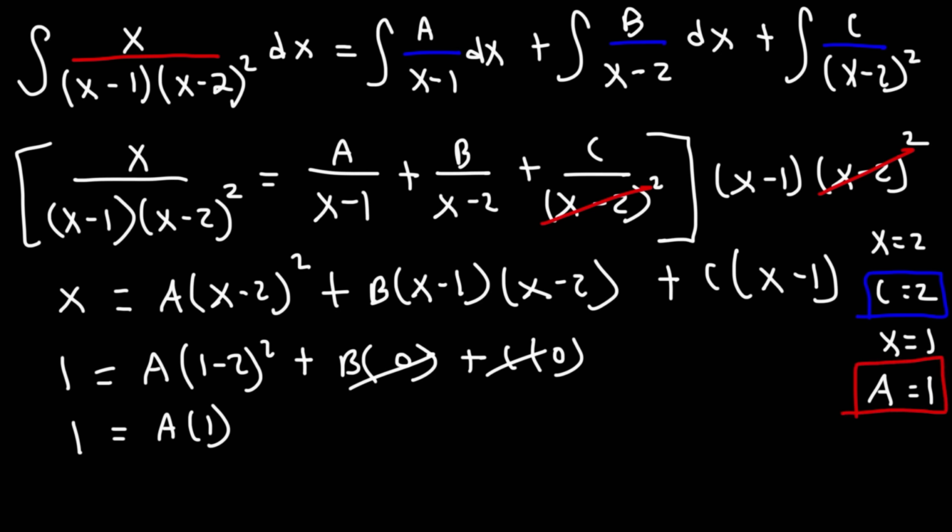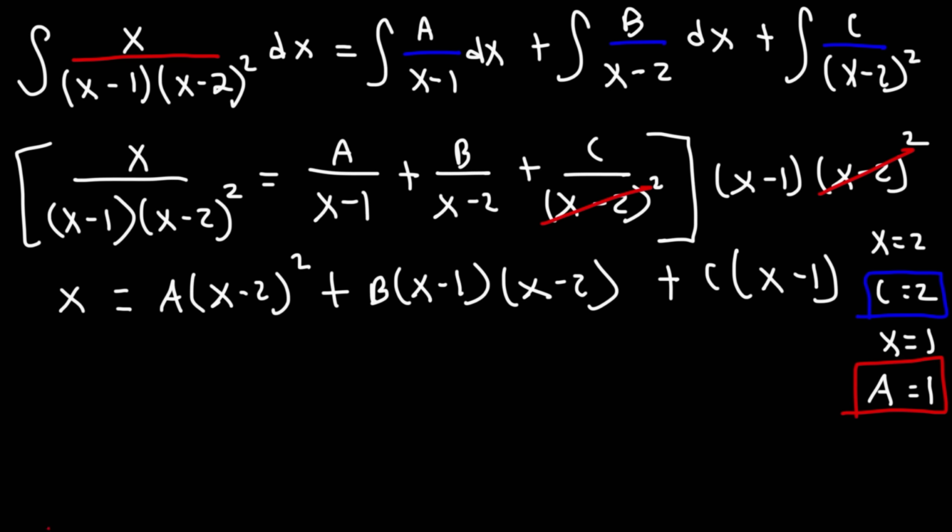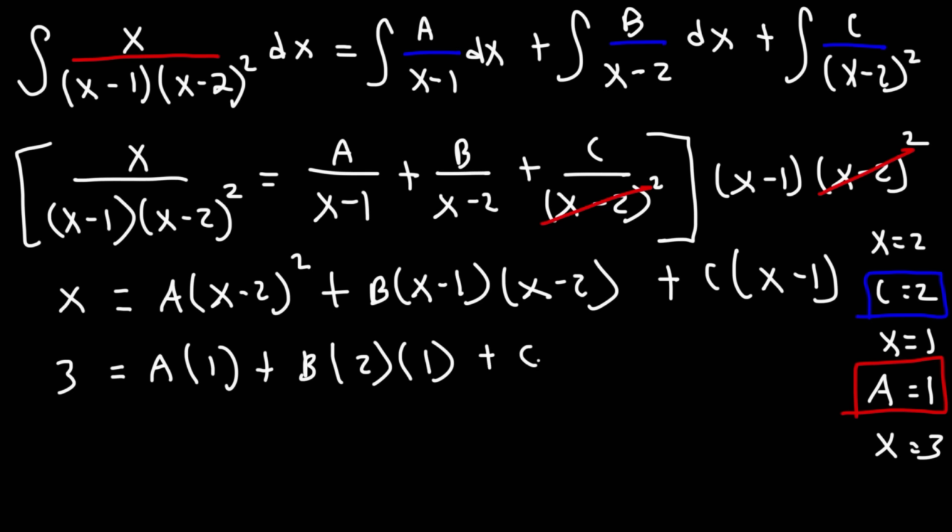Now, to get b, we need to plug in some other number that's not 1 or 2. So let's pick the next best number, which is 3. This is going to be 3a. 3 minus 2 is 1, 1 squared is 1, and then 3 minus 1 is 2. 3 minus 2 is 1, and then 3 minus 1 is 2. Now we know a is 1, so that becomes 1.